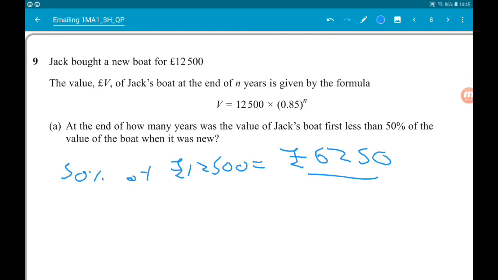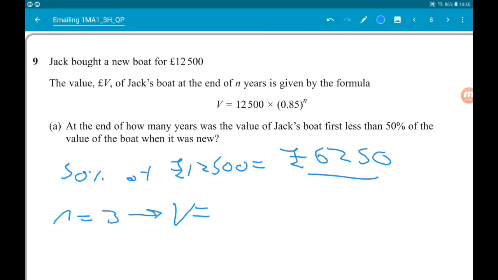So all that we need to do is play around with the formula, test some values of n. For example, the first one I'm going to try is n equals 3. So that's going to give us a value of 12,500 times 0.85 to the power of 3.